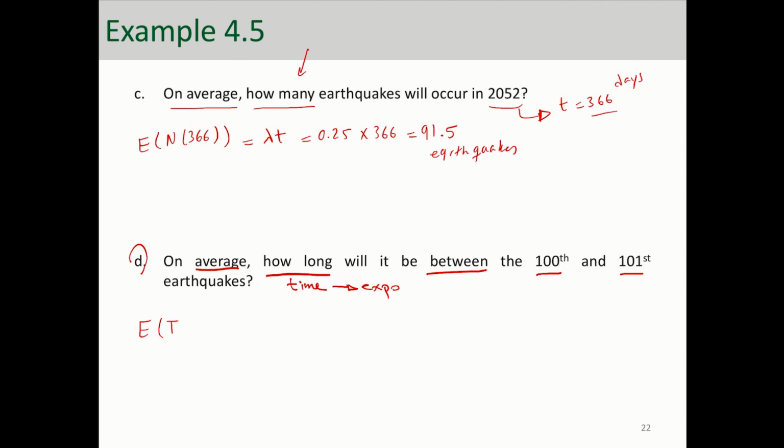In this case, it is T of 101, but it really doesn't matter. The expected value of T is the same for any inter-arrival time. So that is 1 over lambda. That's the expected value formula for exponential. And you know that it is 1 over 0.25, or 4 days. Right? Every 4 days you're expecting to see another earthquake on average.